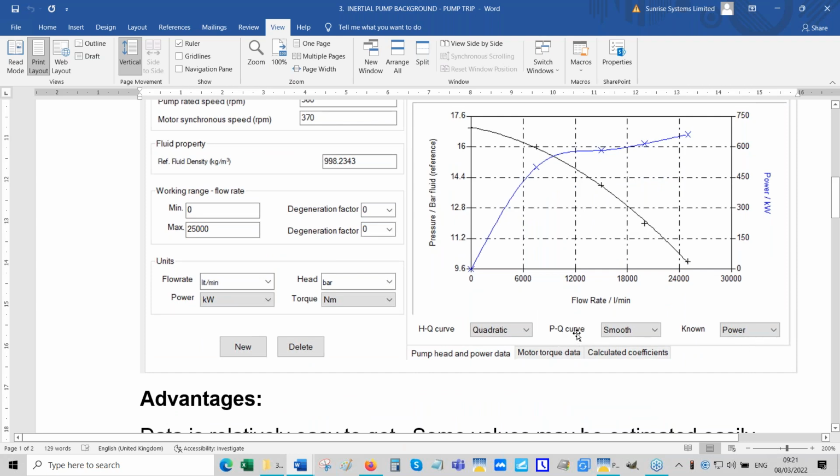And the power against the flow rate curve is here, and the head against the flow rate curve is here. For pump startup, we will also tick on this tab and give another curve, okay? But for pump trip, these are the only two curves we need to know.